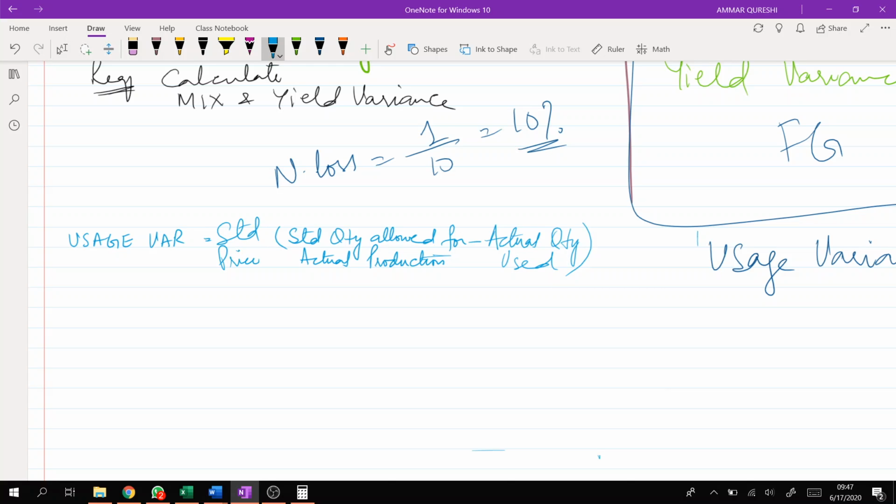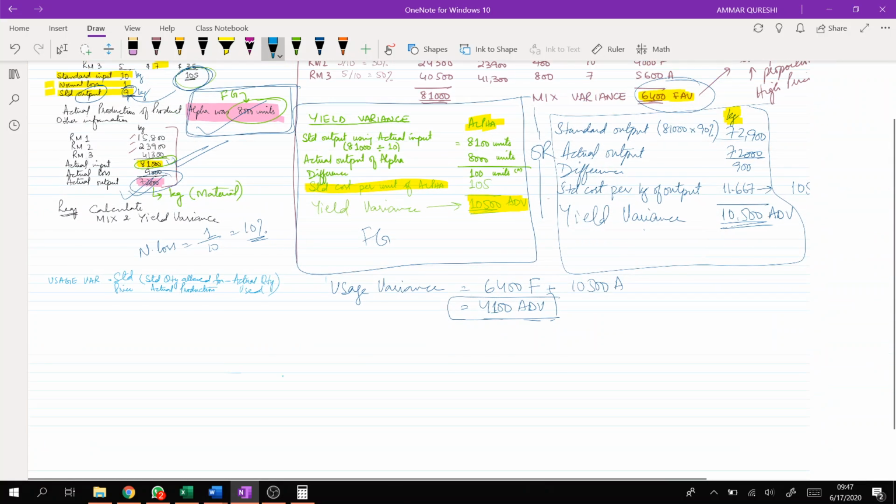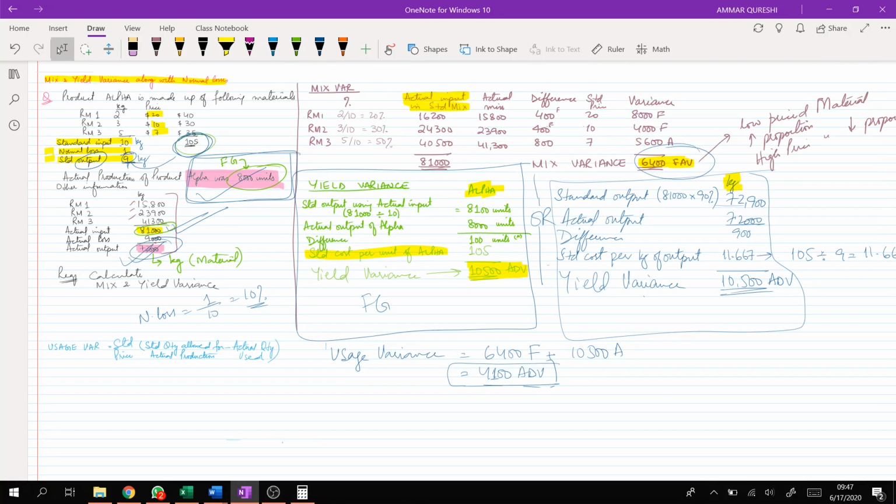This is the formula of usage variance. This is something which we have already studied in F2. Now, how will you apply this formula in this particular question?